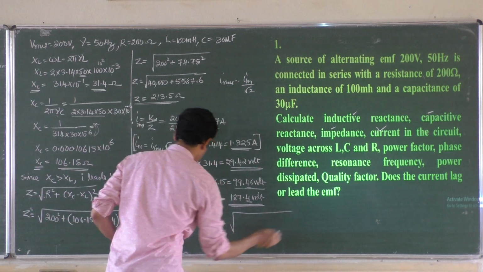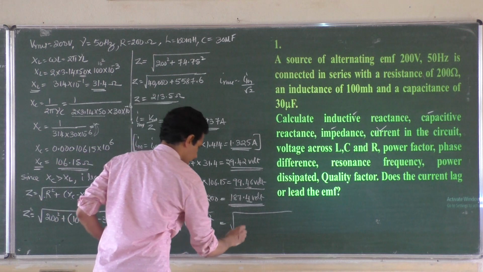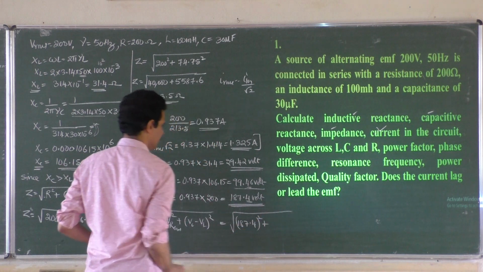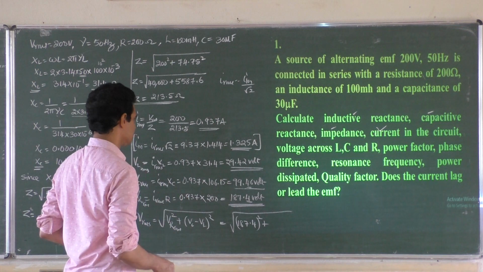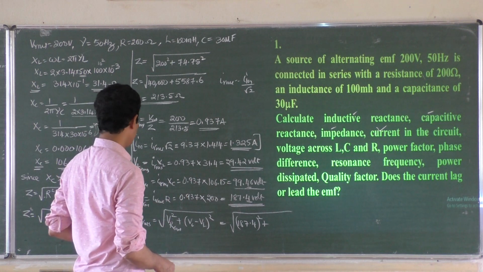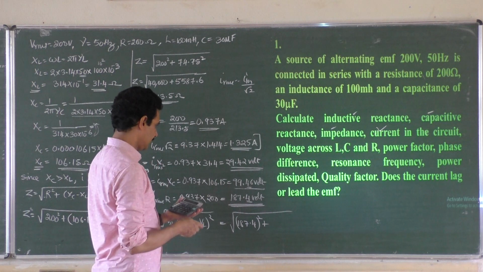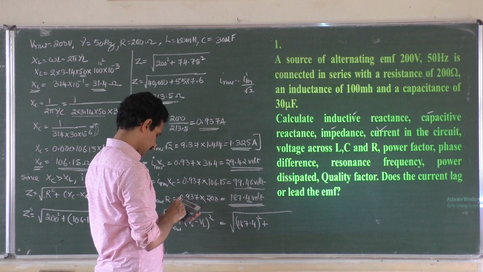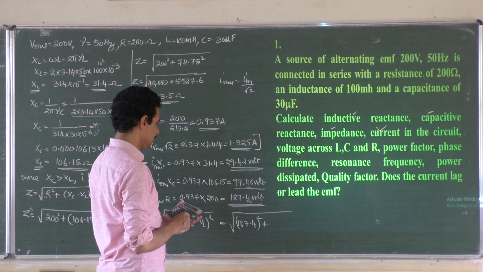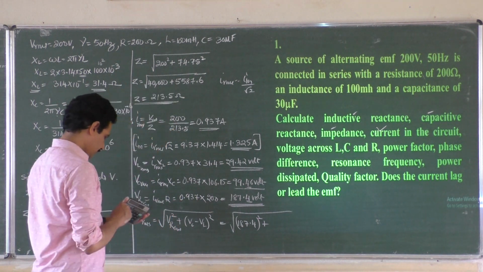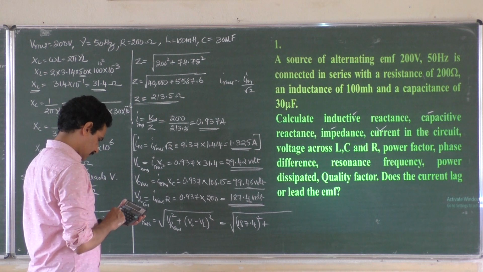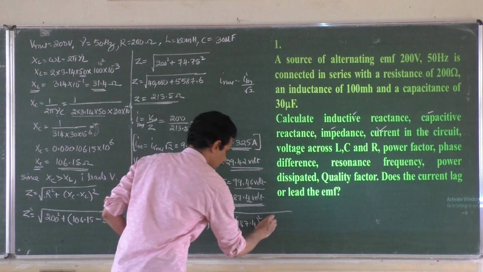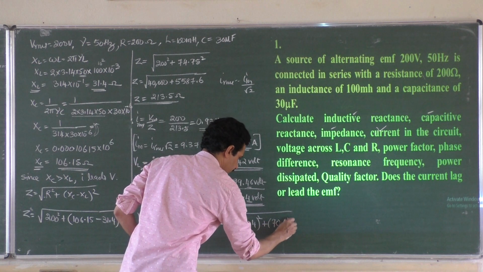Root of voltage across R square, that is 187.4 square, plus this difference VC minus VL whole square. What is VC minus VL? 99.46 minus 29.42 is equal to 70.04, almost. 70.04 whole square.